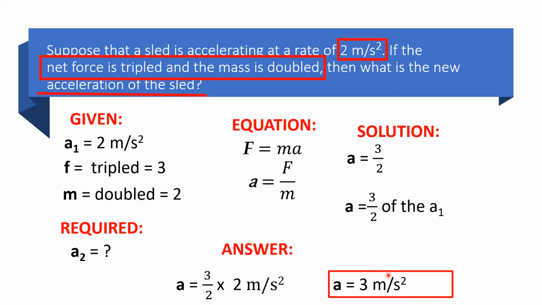So, as you can see, sa relationship pa lang, ang acceleration natin na una is 2 meter per second squared. Ang ginawa daw, tripled. So, in-increase daw niya yung force. We increase the force. What happened to the acceleration? From 2, nag-increase din siya. Yung mass naman natin, no, 2 meter per second squared.